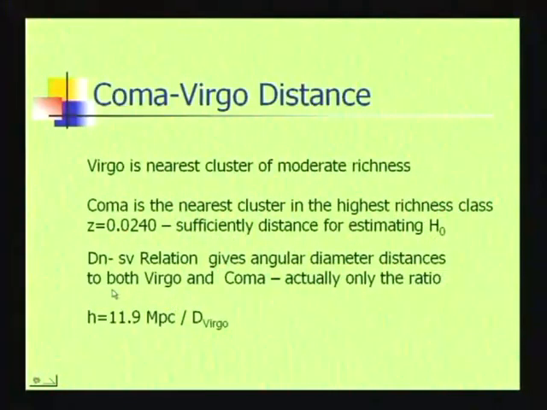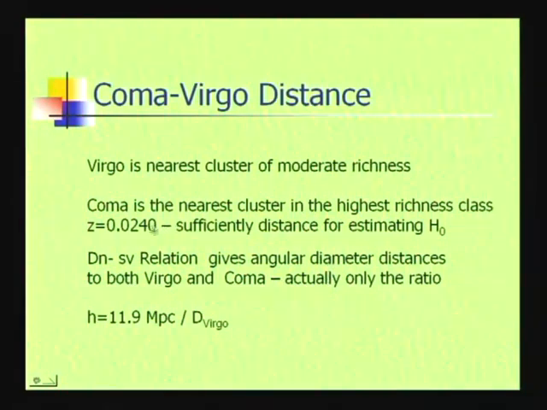So, these are the two clusters which are near us, and what people have done is that they have used these two clusters. They have applied the Dn-sigma relation to these two clusters.